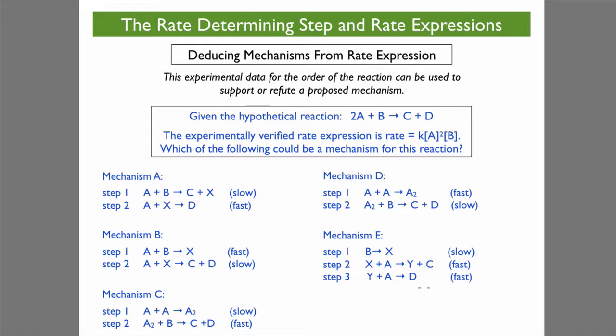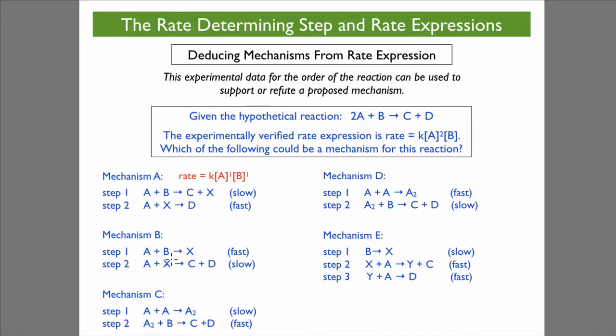Let's have a look one by one. First of all, mechanism A. We've got slow as first, nice and sweet, and we've got A there and B there, so it's going to be A1, B1. So that one's no good. What about this one? Slow as second, which is what we want.